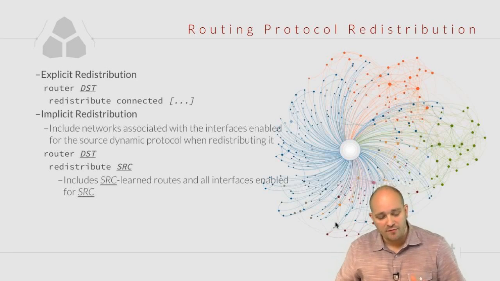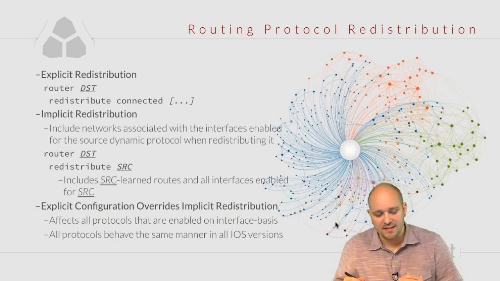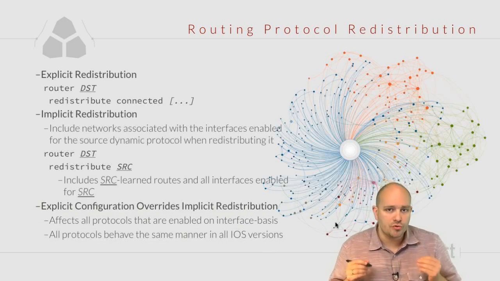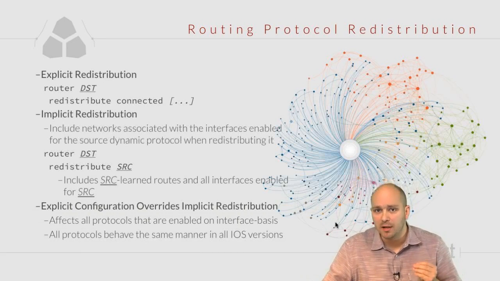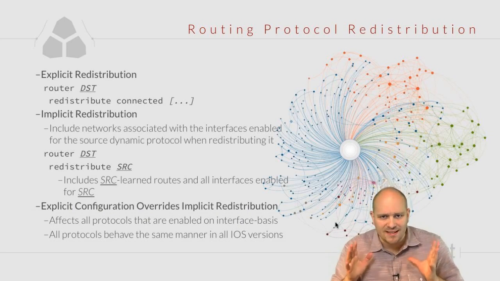It is also very, very important to understand that this is going to be overridden by the explicit redistribution command. Now, what does that mean?